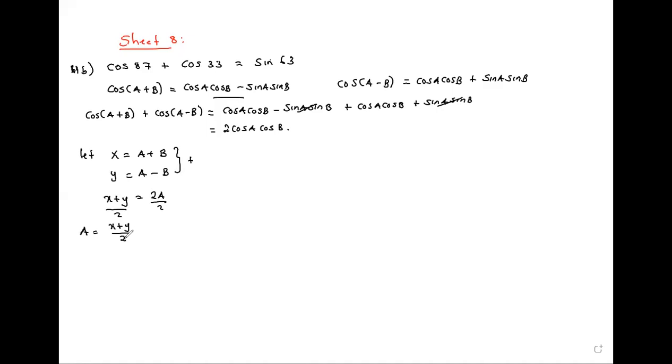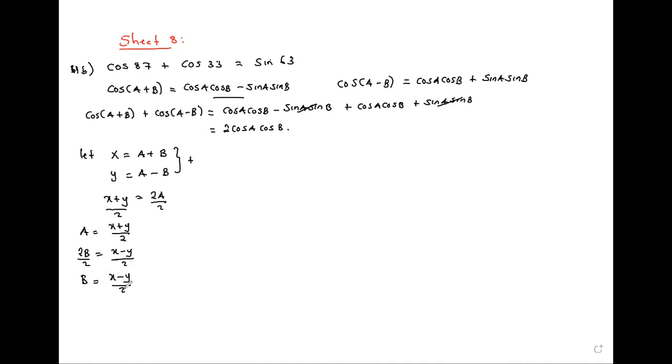If we do a subtraction, we get x minus y to be 2B, and then divide by 2. So B will come out to be x minus y over 2.